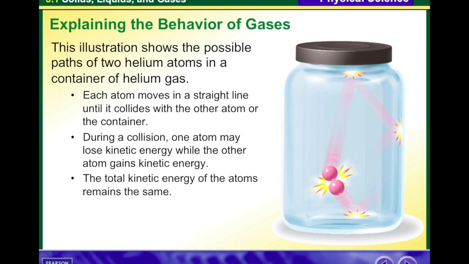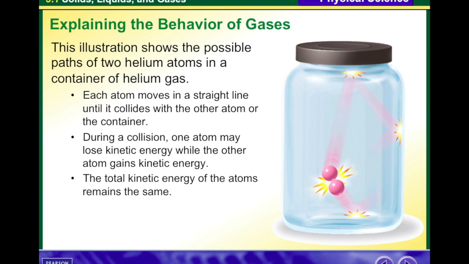Here's an illustration with two helium atoms in a container. Each atom moves until it hits something, basically. And that is why the property of a gas is that it fills the container, because the particles have so much energy, they're going to fly around until something stops them.